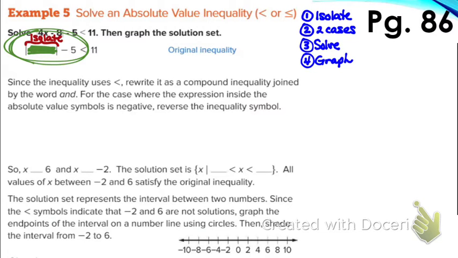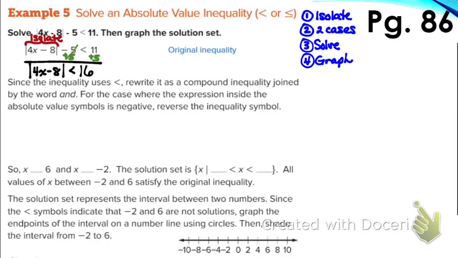What's going to have to go away then? Add 5 to the negative. Yep, we're going to add 5 to both sides. So over on the left, I have absolute value of 4x minus 8. I have a less than. What's 11 plus 5? 16. So far, so good? All right.